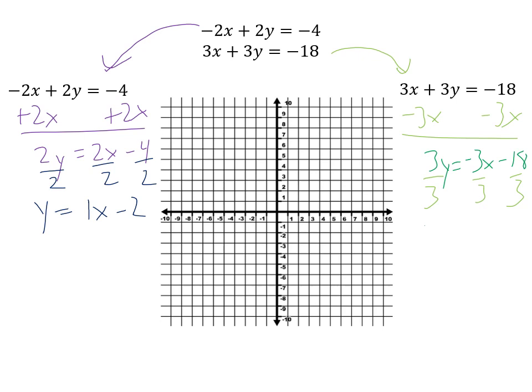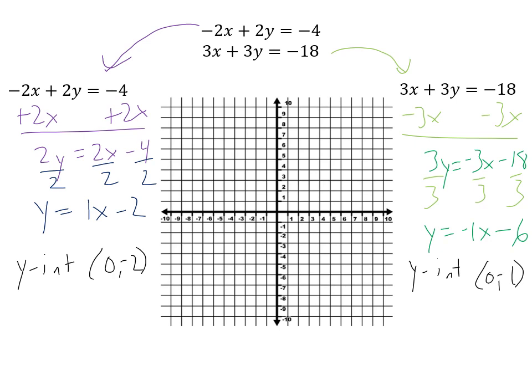And we are left with y equals negative 1x minus 6. Now, y-intercept for both. Over here on this side, it's negative 2. On this side, it's negative 6.